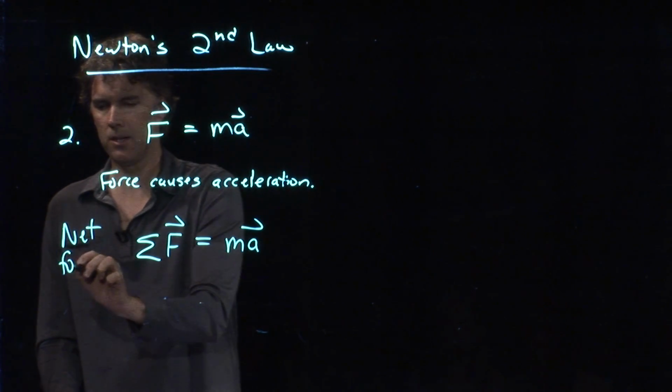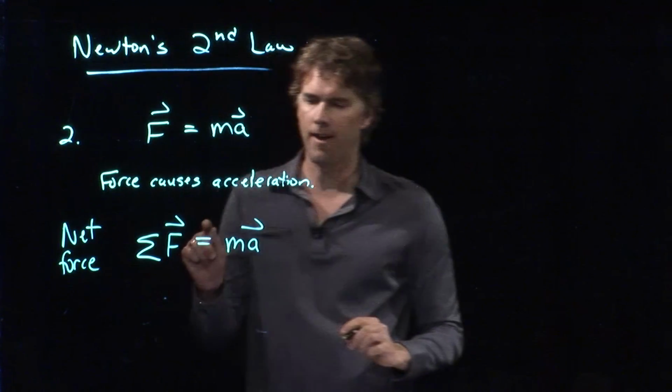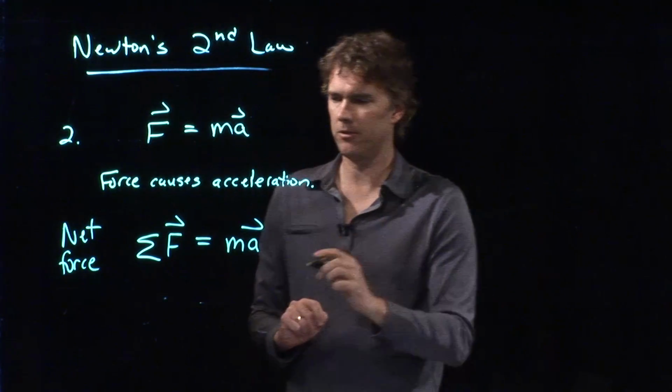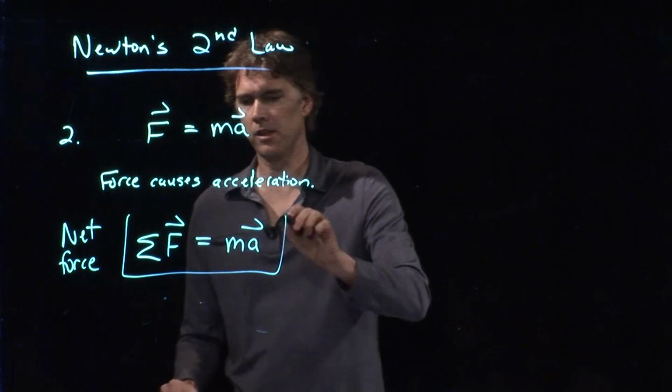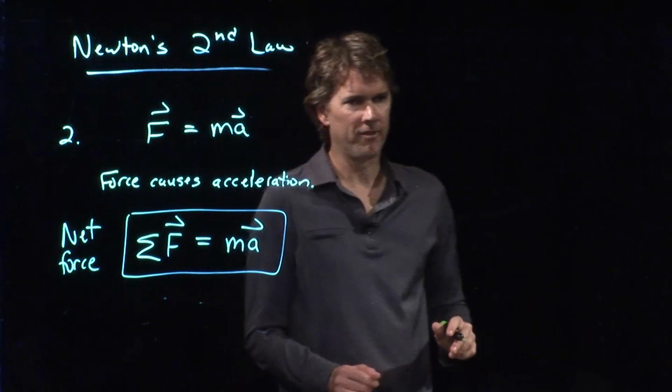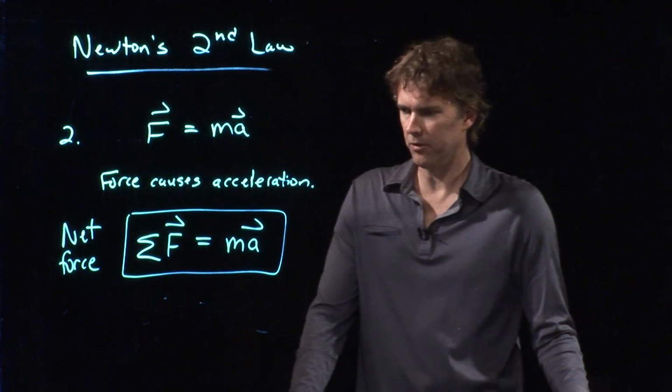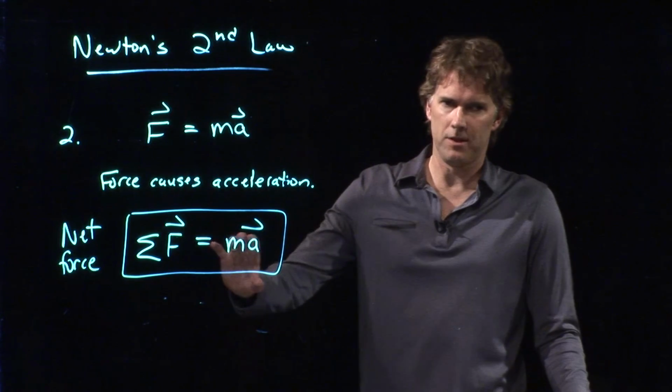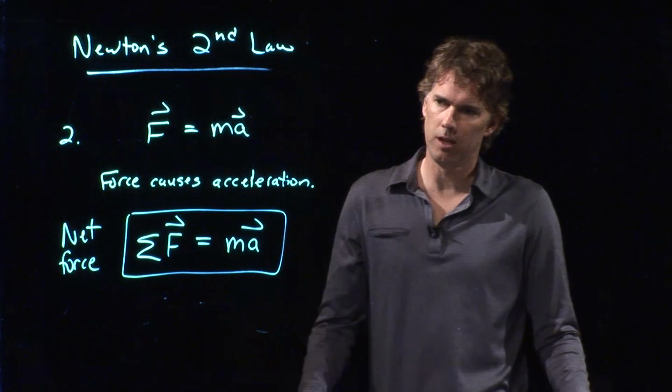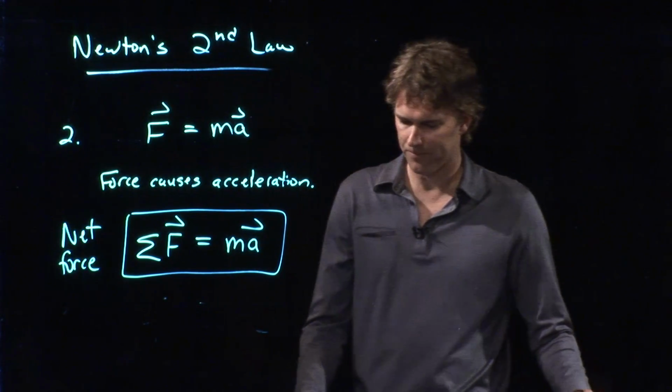And we have to take into account the fact that those forces are vectors. Okay, so this is the net force, or the vector sum of all the forces. And if that turns out to be 0, then certainly the acceleration is going to be 0.